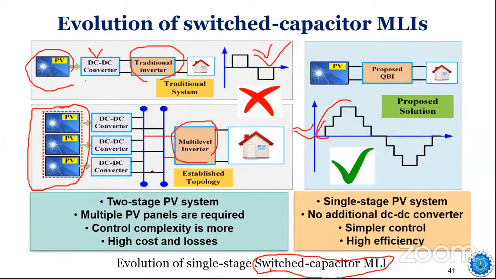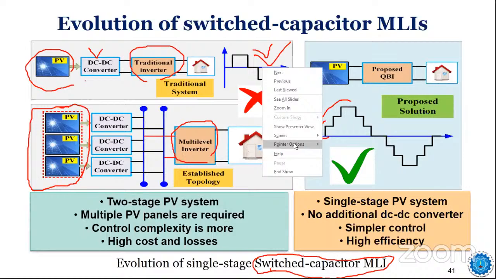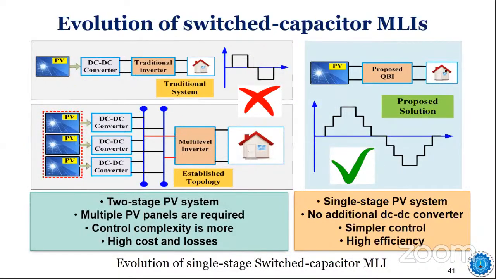So our objective here is to develop a switched capacitor type inverter that will connect only one PV panel or one input source and neglect the number of input sources, but still can achieve the same output as in the established cascaded H-bridge type or any other type of multi-level inverter.